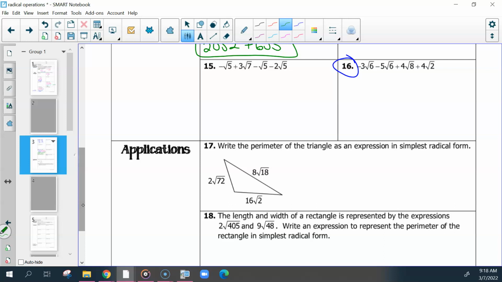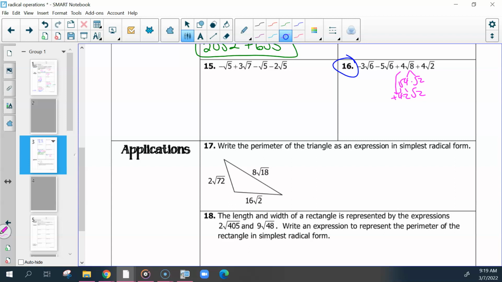So for 16, this now has 4 terms. Can we simplify any of these? 8. That would be what 2 square roots? 4 and 2.